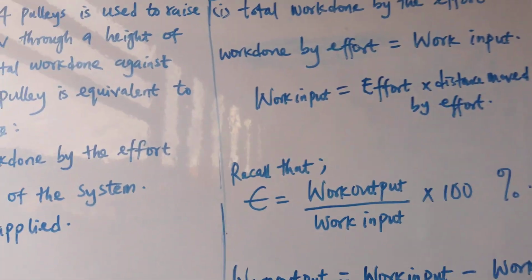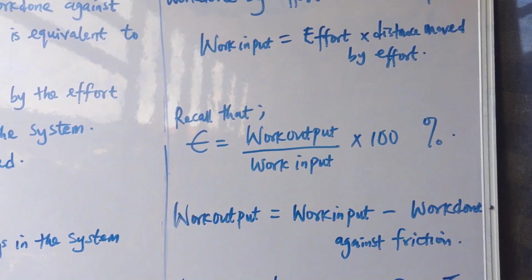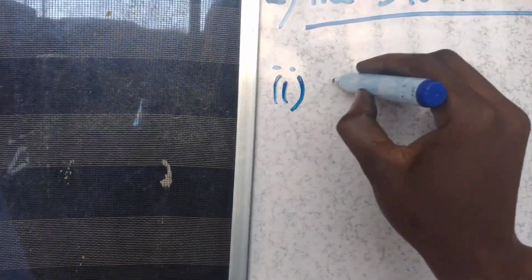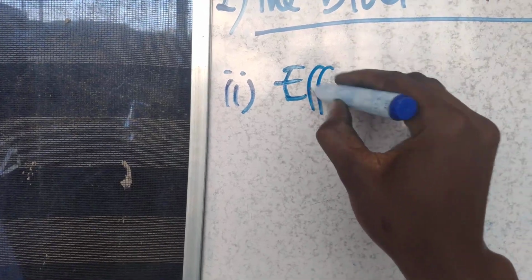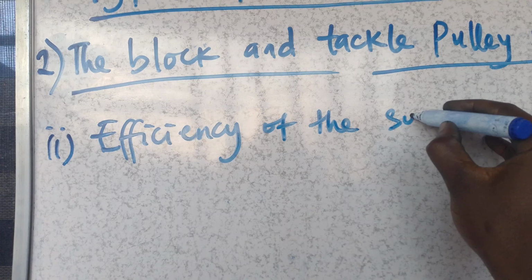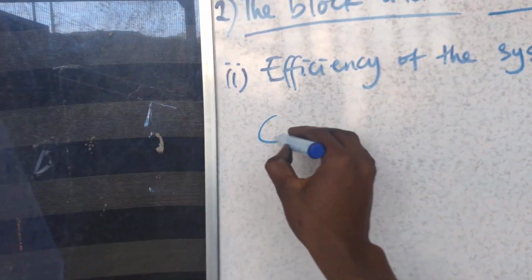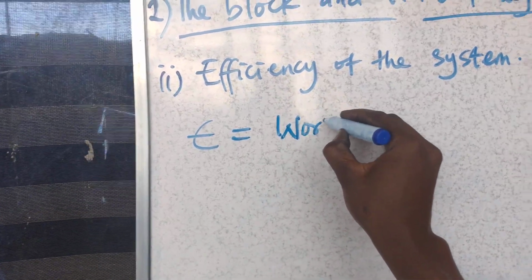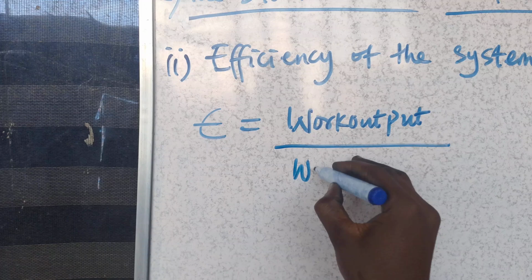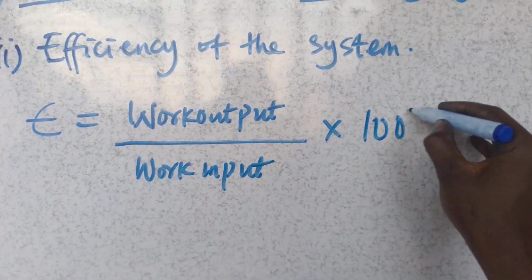Now we'll go back again. We use this formula to find the efficiency of the machine. Efficiency is work output over work input times 100 in percentage. So Roman figure 2 says the efficiency of the system. Efficiency is equal to the work output over work input times 100 in percentage.